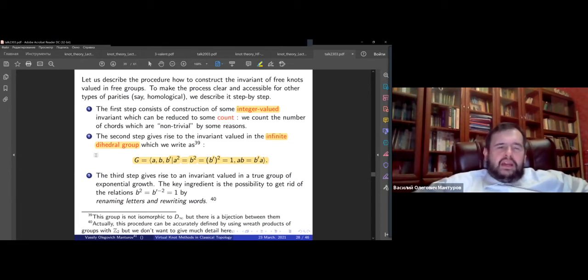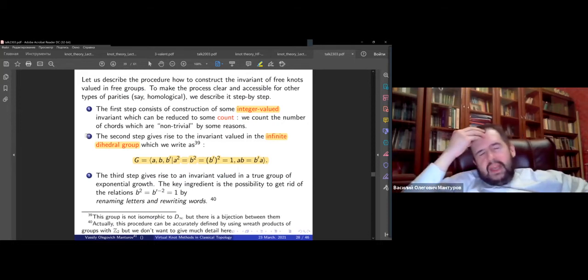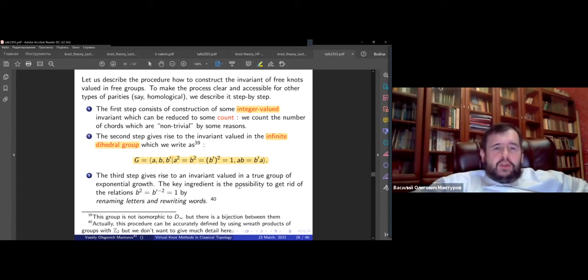And also, historically, the order of these three points is incorrect, because first of all, I was really eager to find an invariant of free knots valued in free groups. Well, at least in some non-commutative groups, and actually I constructed an invariant here.